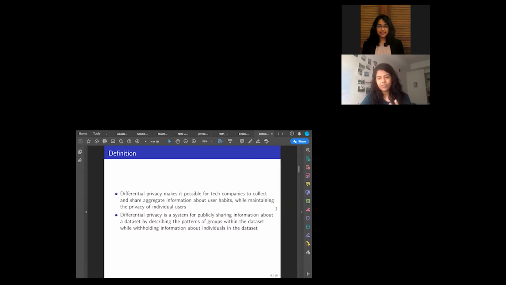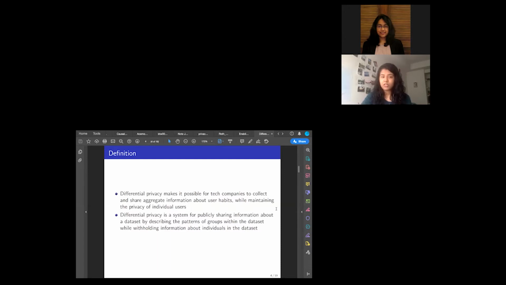This is very ambiguous, but this is what differential privacy intends to serve. It makes it possible for tech companies to collect and share aggregate information about user habits while maintaining the privacy of individual users.